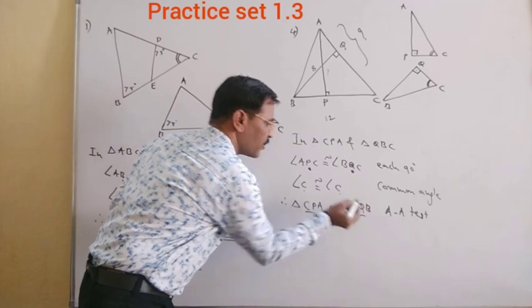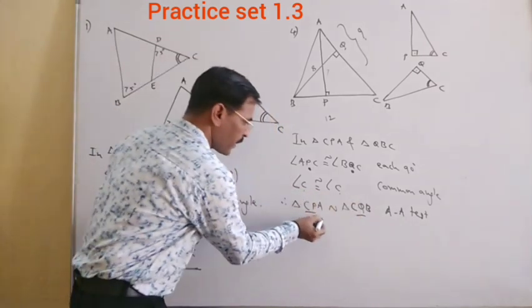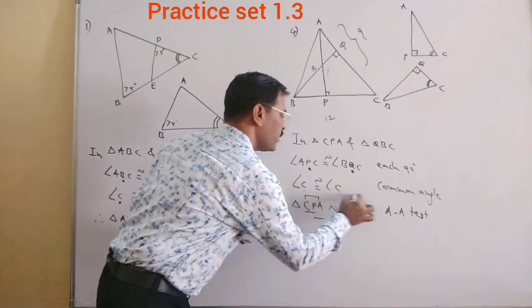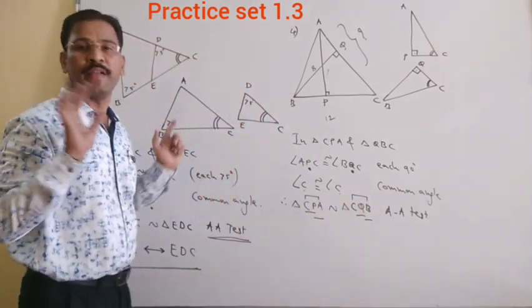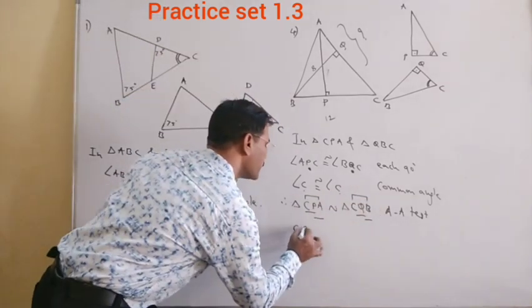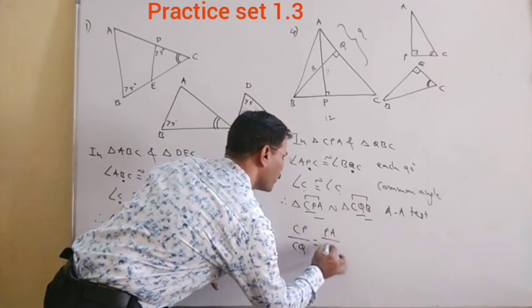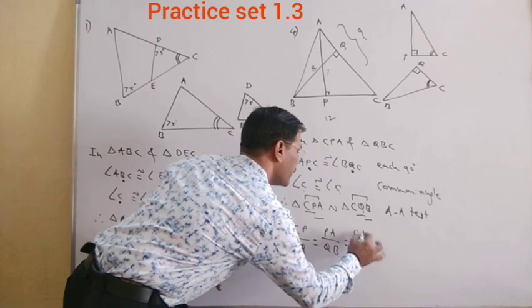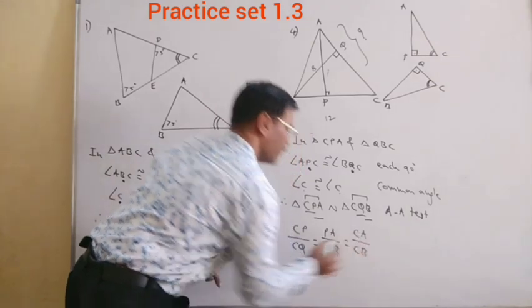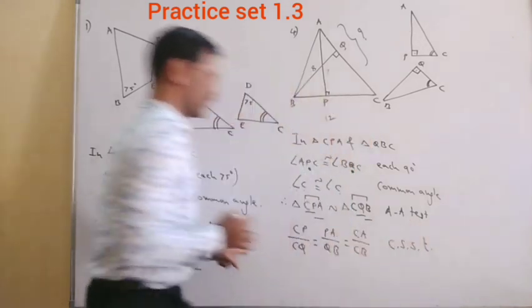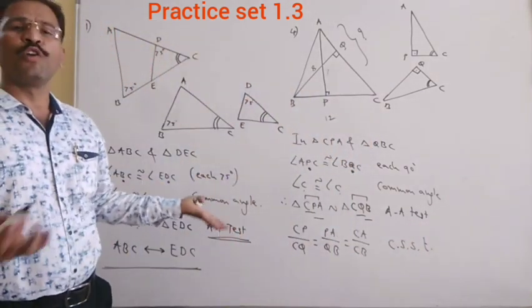CP upon CQ, PA upon QB, and then CA upon CB. This is very, very important. This we can write as corresponding sides of similar triangles. Now just try to put what we know here.